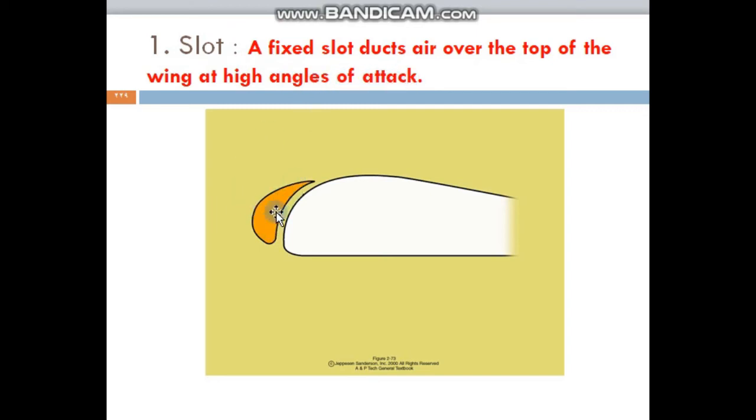This in the orange color is our slot, and this is the leading edge of the wing, and the slot is fixed to the structure. So when the aircraft goes into a stall, the air will go from the downside of the wing to reach the upper side of the wing through the slot.